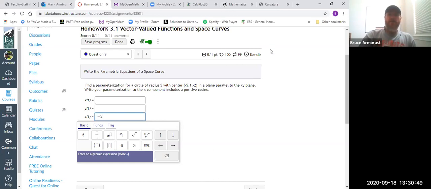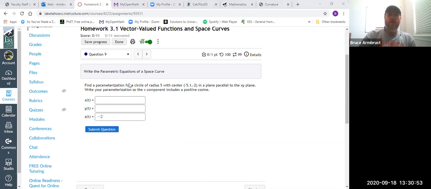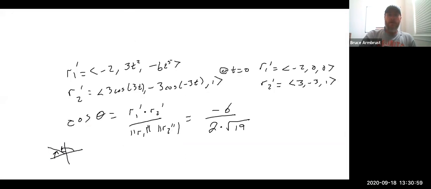So I'm going to go back to a whiteboard. Go ahead and clear it off. And now let me show you what I mean. All right, so we're centered at (-5, 1).